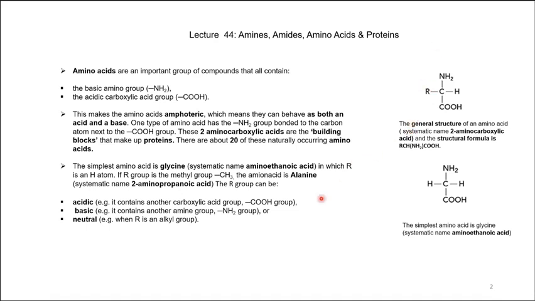This R could be an acidic group, it could be an amine group, it could be an alkyl group. If it's an acidic group, then it is acidic; a basic group such as an amine group is basic; and a neutral alkyl group is neutral. It is neither acidic nor basic.